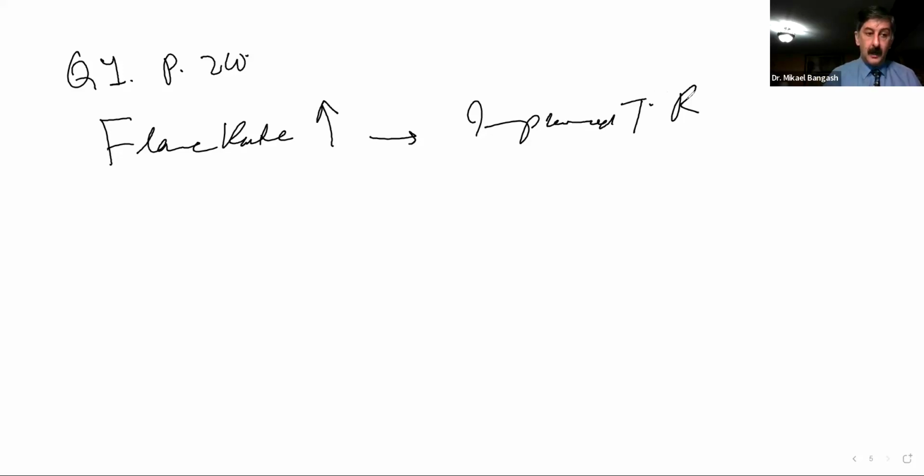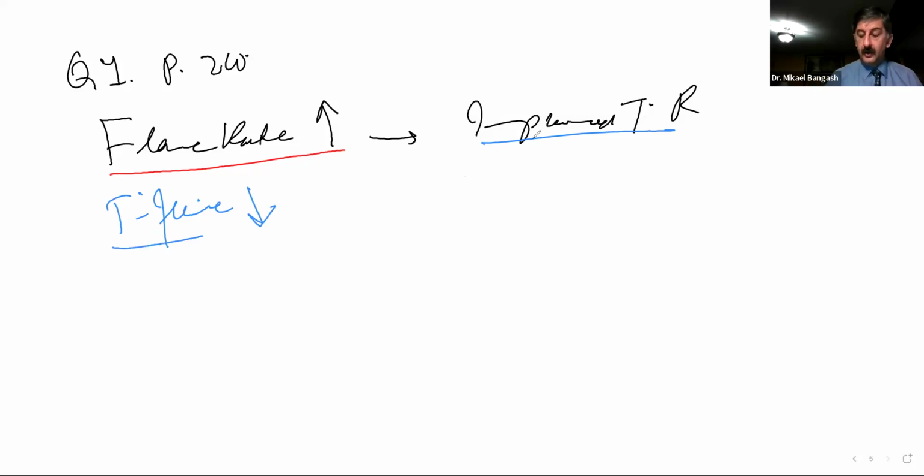But please keep in mind, guys, that this increase in frame rate could also be rephrased as the T frame decreases, which will also lead to an improvement of the temporal resolution. Did that make sense? Yes.